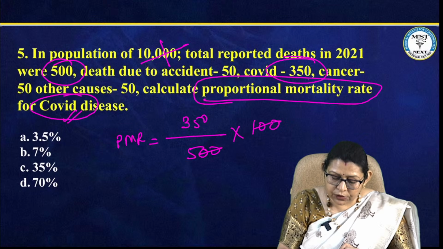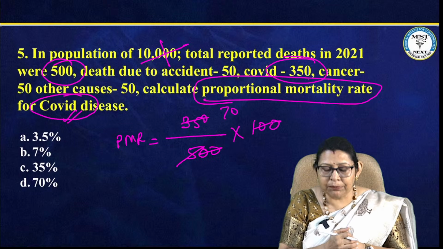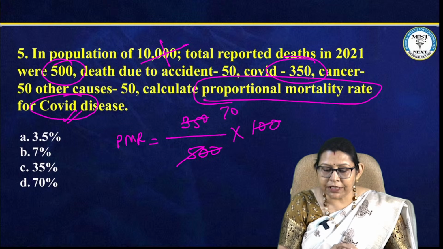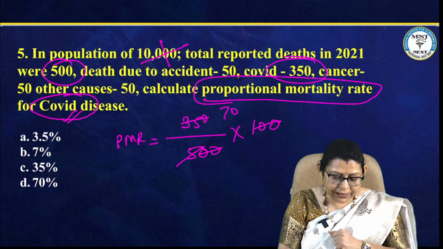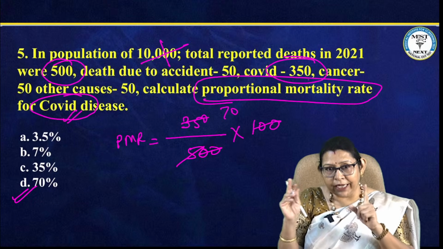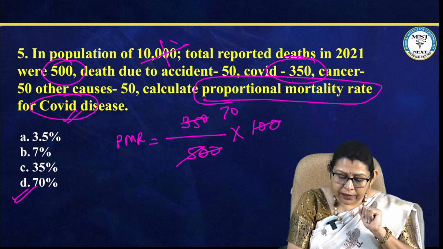So now the zeros are gone and this is your 70%. So it will not be 7%, it will be 70%, and yes, you all had started answering quite correctly, it is 70%. So see what mistake you can make.